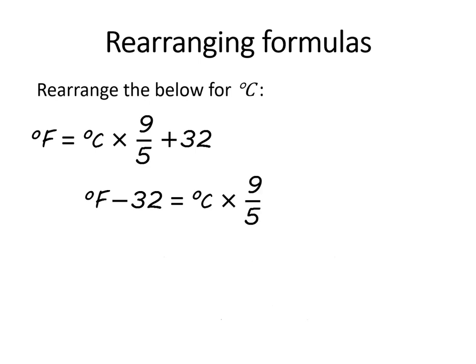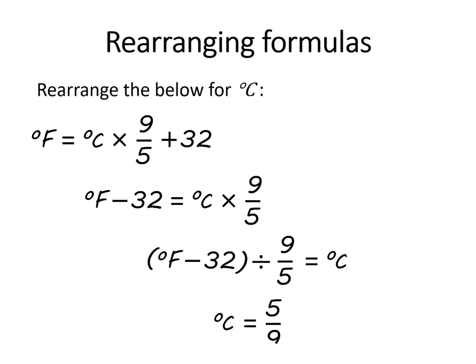Next, to get degrees centigrade on its own, we can divide both sides by 9 over 5. Finally, we can tidy up the formula to give us a final arrangement of degrees centigrade equals 5 over 9 times the degrees Fahrenheit minus 32.